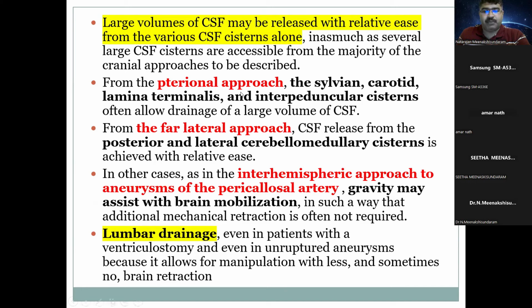From the pterional approach, the sylvian, carotid, lamina terminalis, and the interpeduncular cisterns can be reached. In the far lateral approach, the posterior and lateral cerebellomedullary cisterns can be dissected to have adequate CSF release.